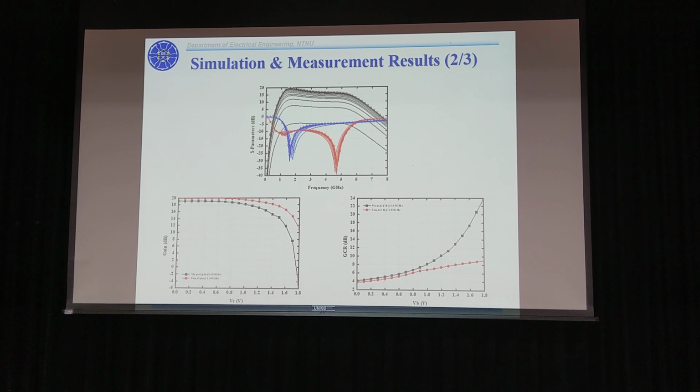The top graph shows the scattering parameters for different control voltage levels. The bottom left graph shows the gain for different control voltage levels. The bottom right graph shows the variable gain range for different body bias voltages.